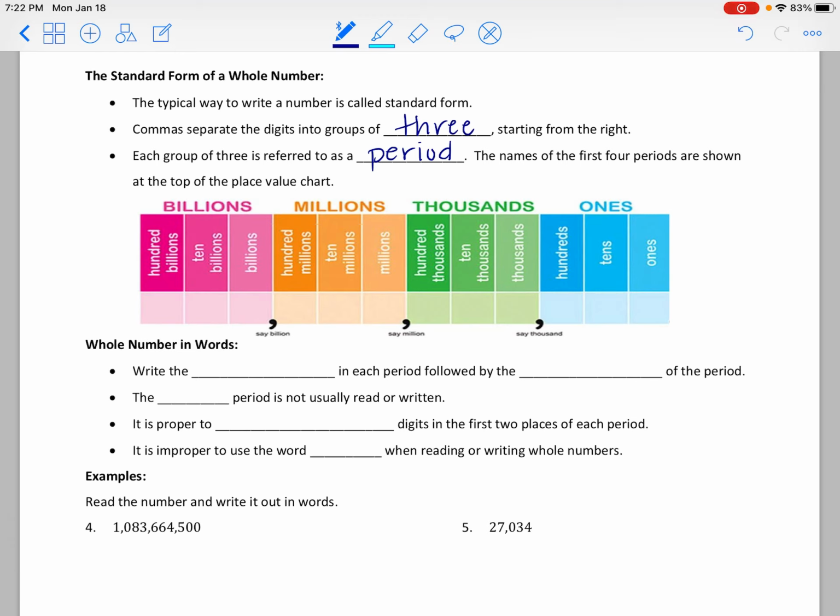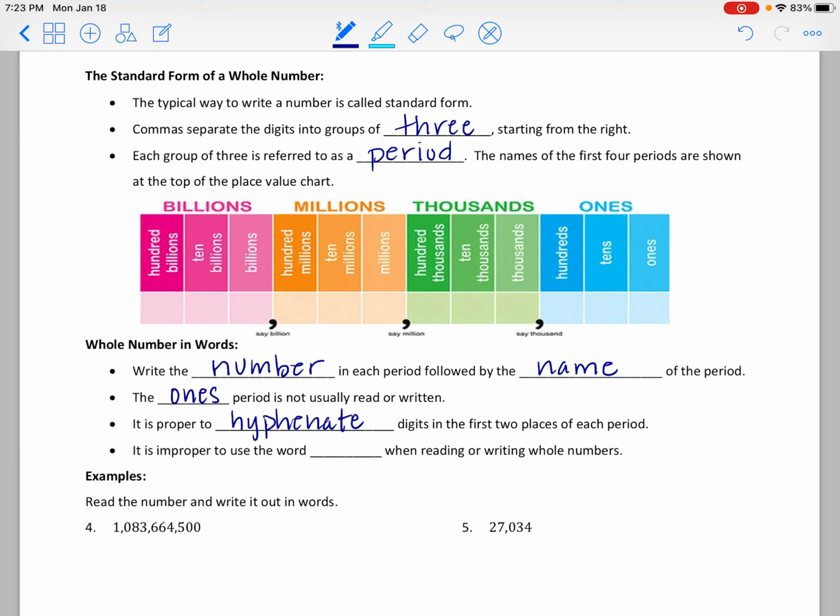Okay, so when we're trying to write out a whole number in words, what we want to do is write the number for each period, followed by the name for the period. Okay, so the number for the period followed by the name for the period. I'll show you with an example in just a second. The ones period is not one that we typically read or write, and it's proper to hyphenate the first 2 places in each period.